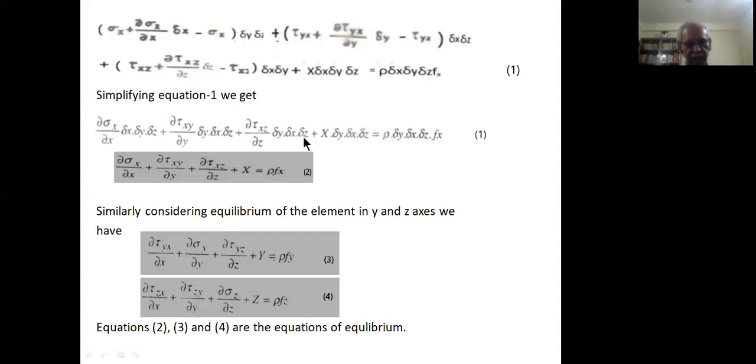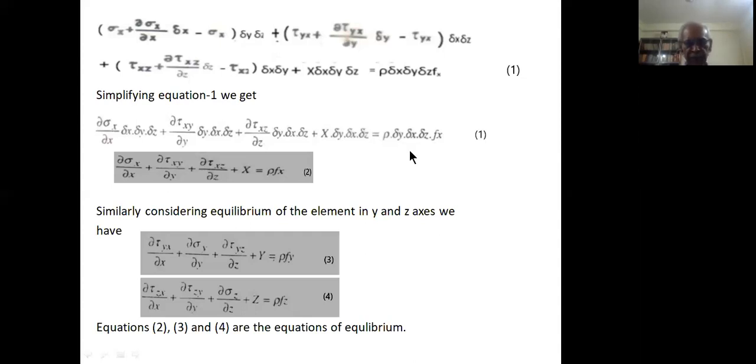So these are the simplified forces due to the stresses. Now in addition to that, we have got the body force, which is X times delta y, delta x, delta z, and this is equal to the mass into acceleration, rho, delta y, delta x, delta z into Fx.